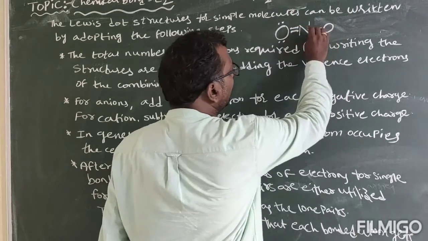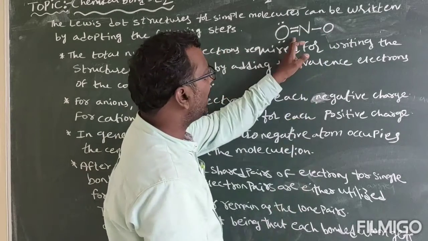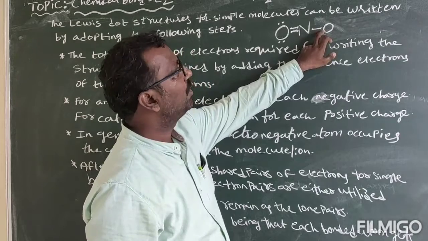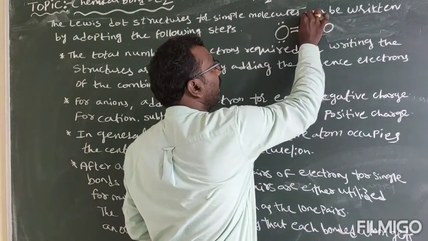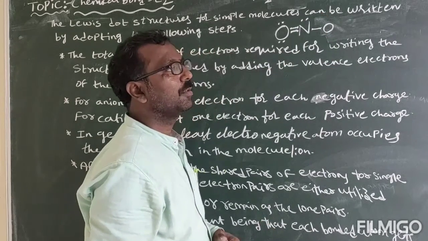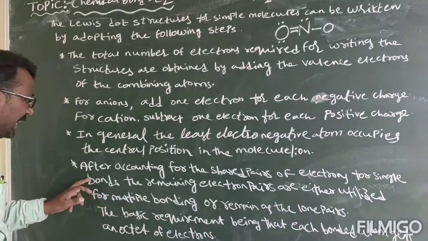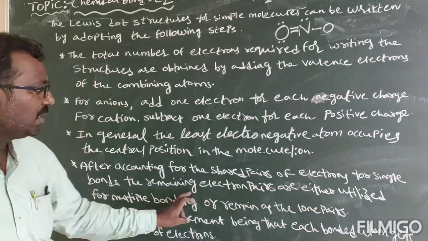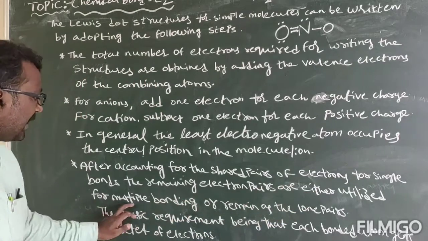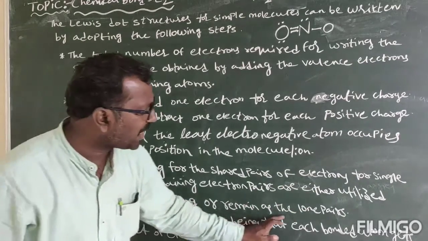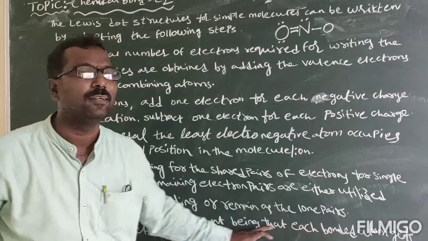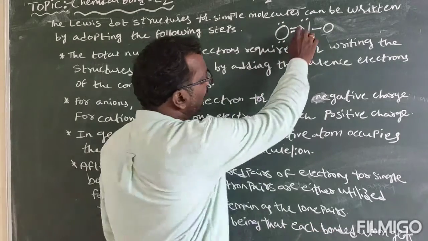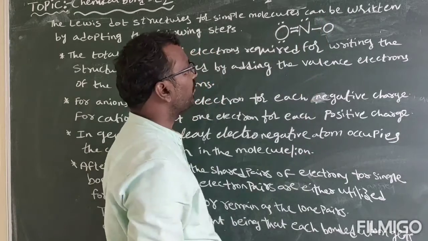Now coming to this nitrogen. How many are there? 1, 2, 3, 4, 5, 6 is completed. So one lone pair. See, this rule I am applying: after accounting for the shared pairs of electrons for single bonds, the remaining electron pairs are either used for multiple bonding or remain as lone pairs. I am making them as lone pairs, that's all. So now totally 2 are completed.